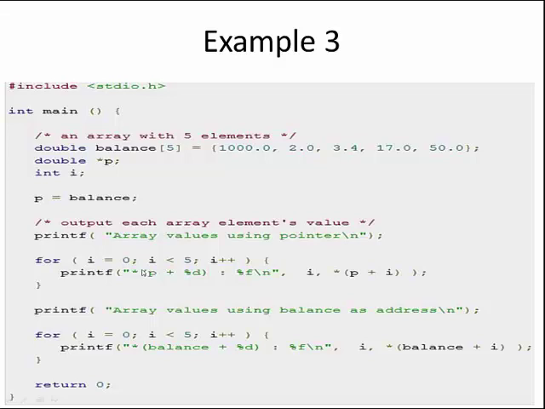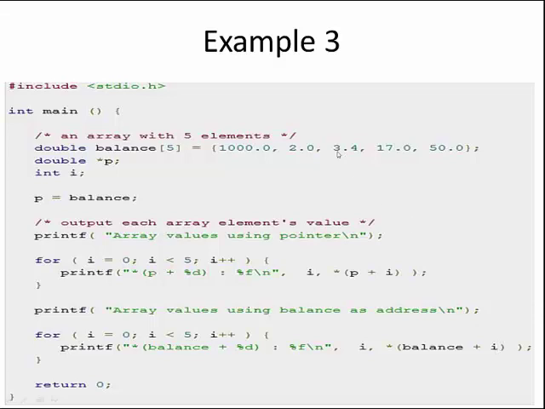For example, if we display *(balance + i), where i is 0, 1, 2, 3, 4: balance + 0 will produce the value which has been stored at balance[0], and balance + 1 will produce the value stored at balance[1].